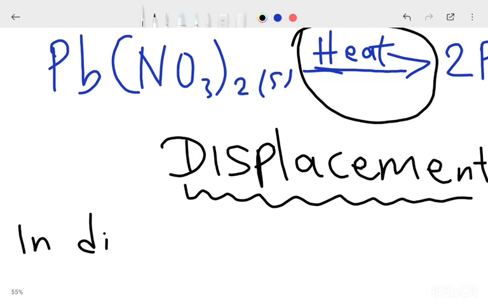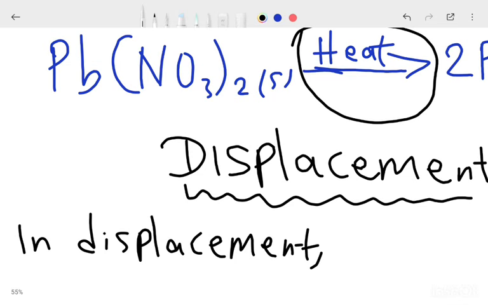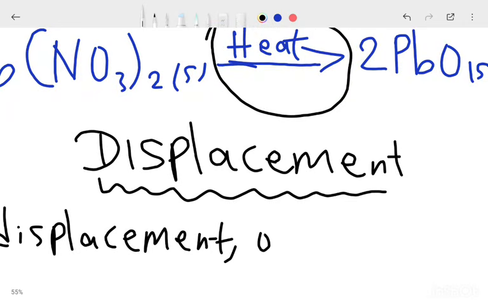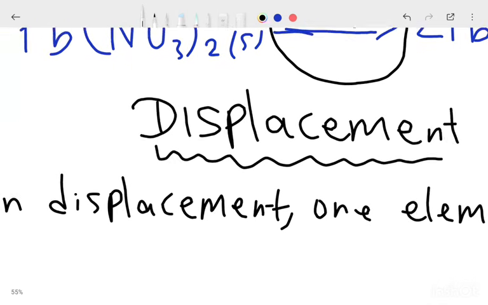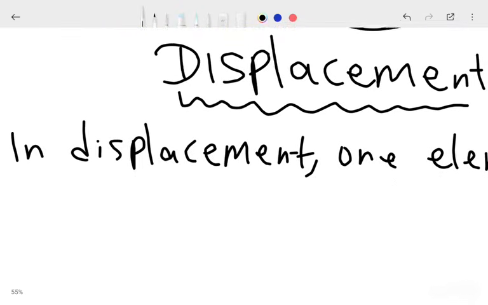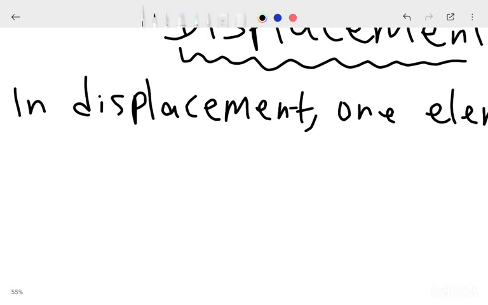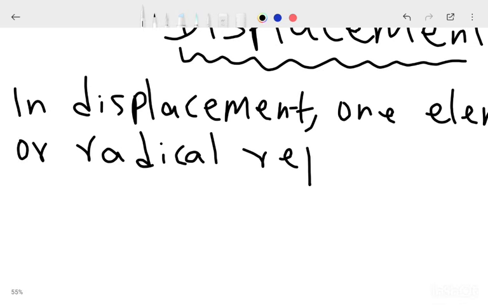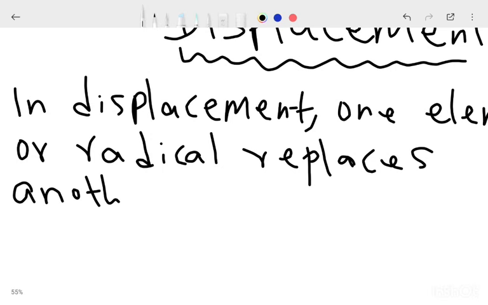In displacement, one element or radical replaces another element or radical.